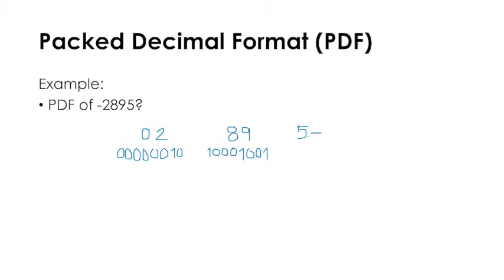For the last digit, the BCD of 5 is 0101. And the value of the sign bit for negative is 1101. So our final answer will be this.